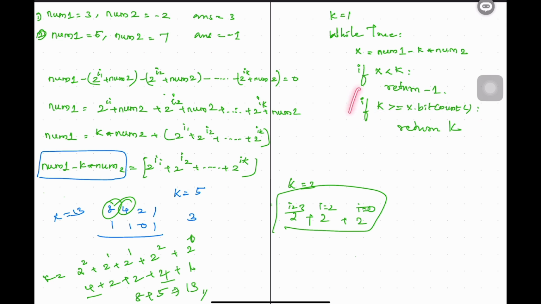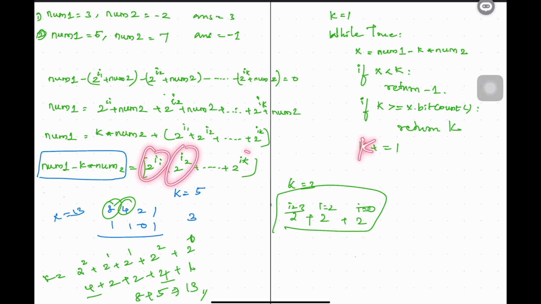When k is exceeding your x dot bit count, then we know whatever the current k is, that is our minimum, and we can return it. Else, if not, we'll keep adding to k and check the next one until it comes. So for sure we will have one answer, right? Like this, we know the k value.